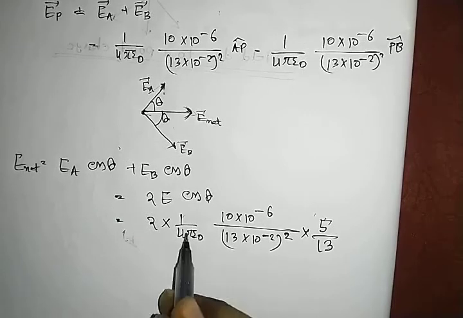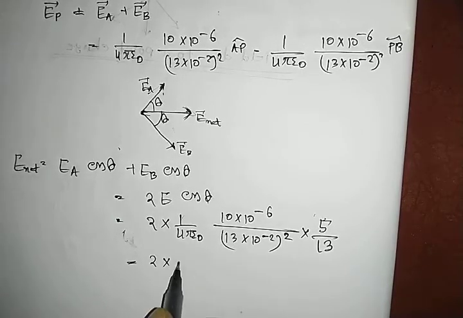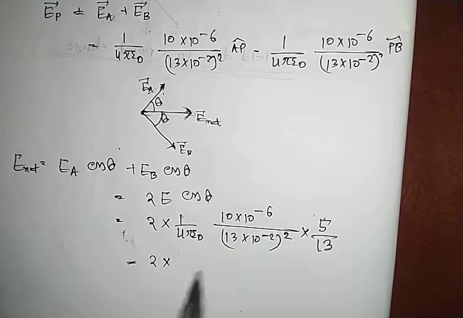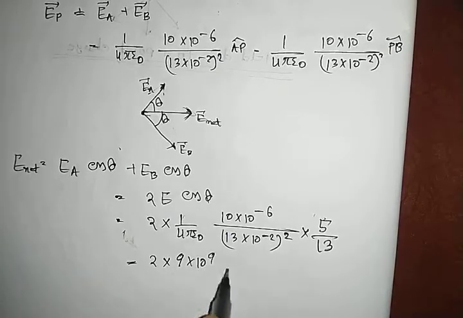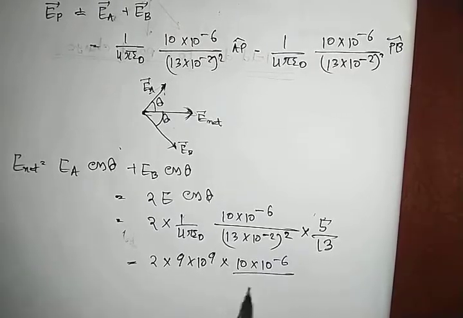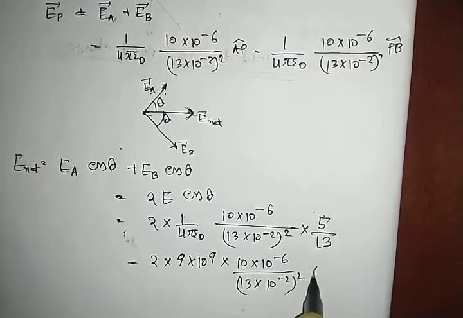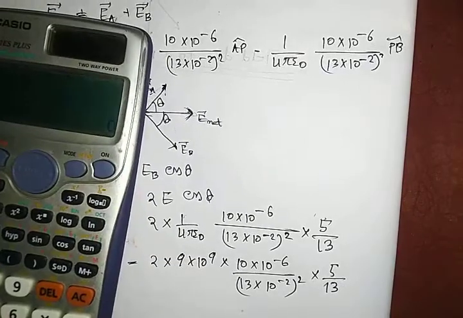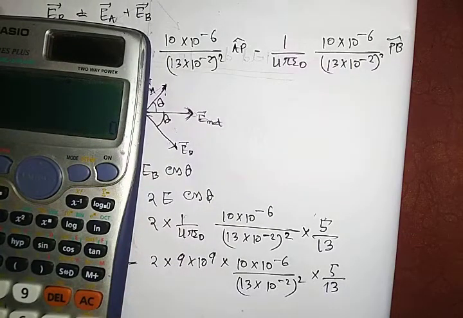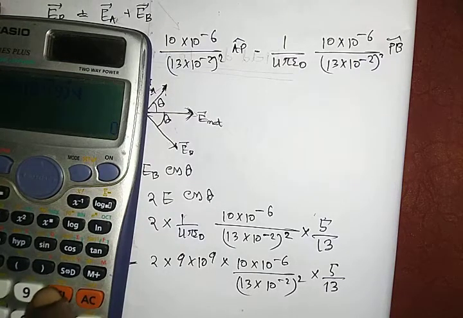The value of 1 by 4 pi epsilon 0 is 9 into 10 to the power 9, if I'm using SI, which I indeed am, because here charge is expressed in coulomb and here it is in meter.